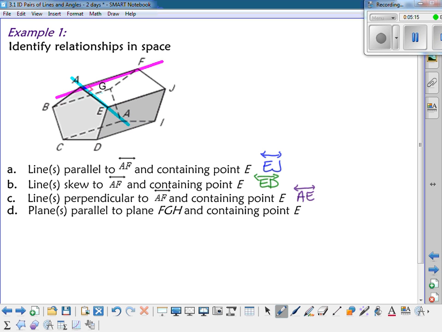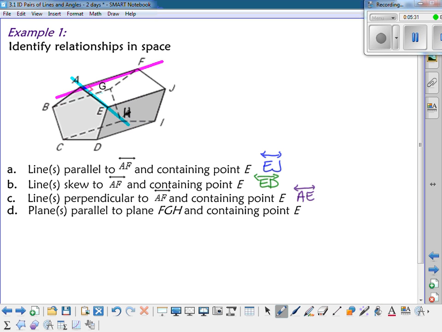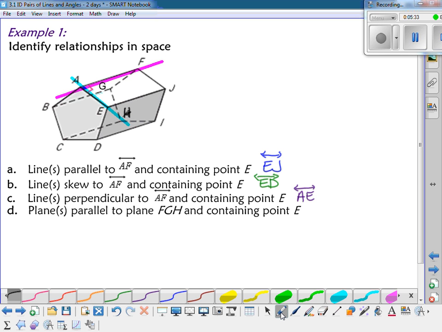And then finally, they want to know a plane or planes that are parallel to plane FGH. Oh, that reminds me. This is supposed to be an H back here. So plane FGH is this plane at the back.